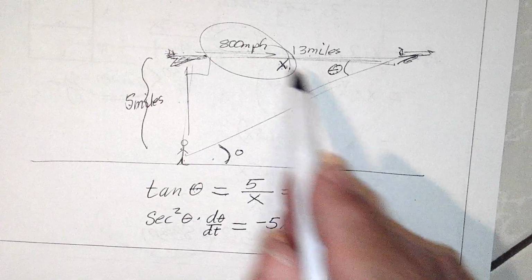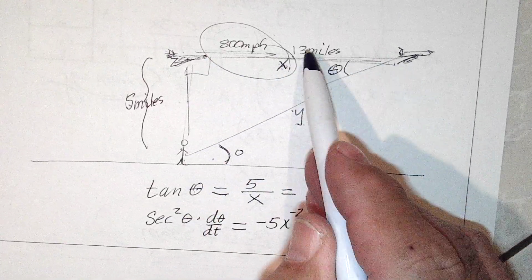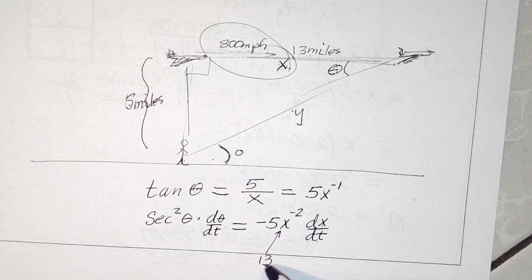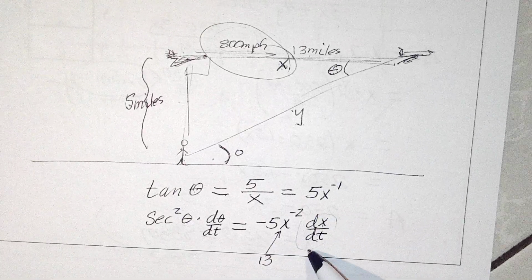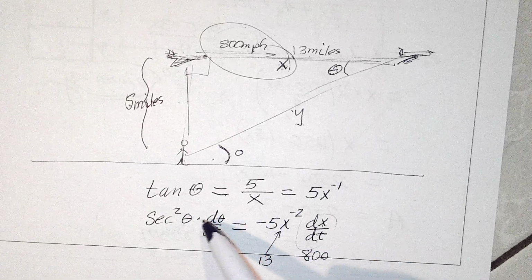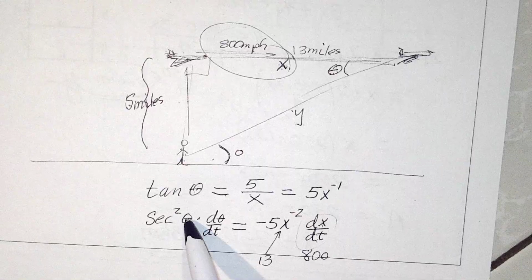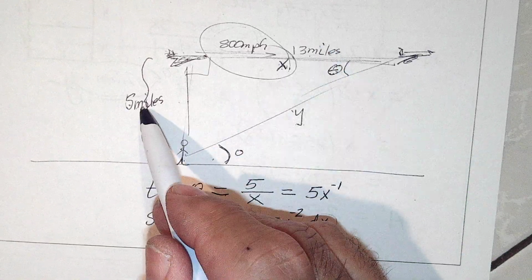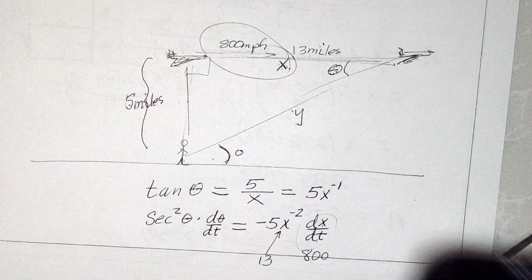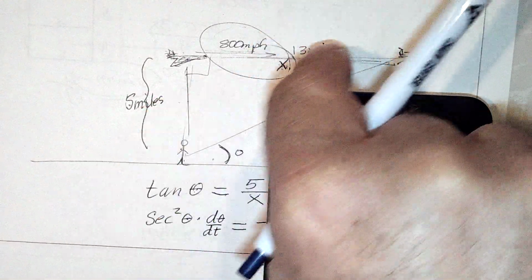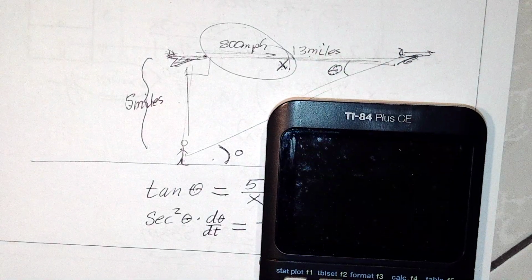What is x? Well, x is when it's at 13 miles. So I got to put 13 there. I got to put 800 miles per hour there. And what's the angle when it's at 13? So I have to go find the angle that has 5/13 as the tangent.